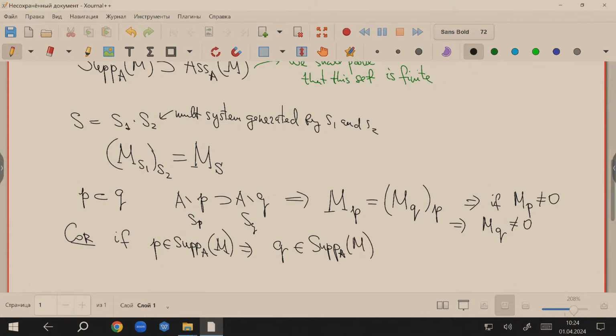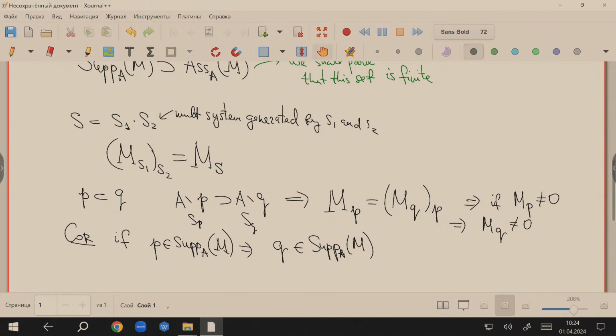So you notice that if the support contains a prime ideal, it contains all the ideals that contain it, including the maximal ideals.